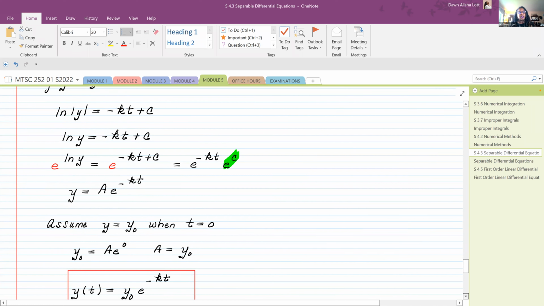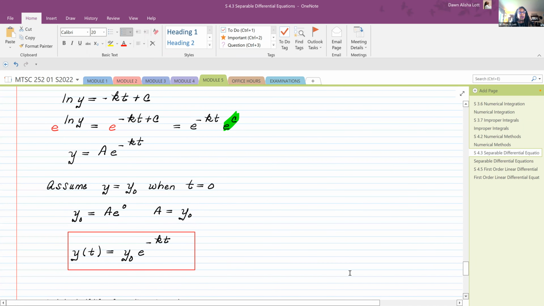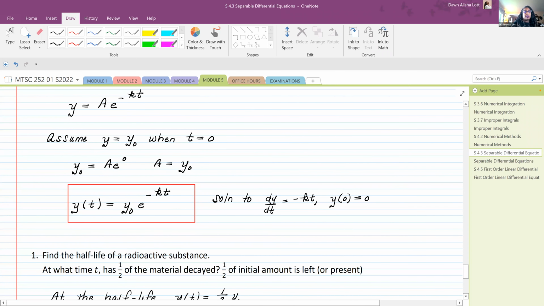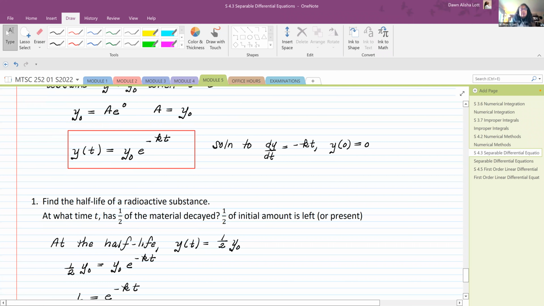So this is where we were: dy/dt equal to minus k y, where y of 0 is y naught.